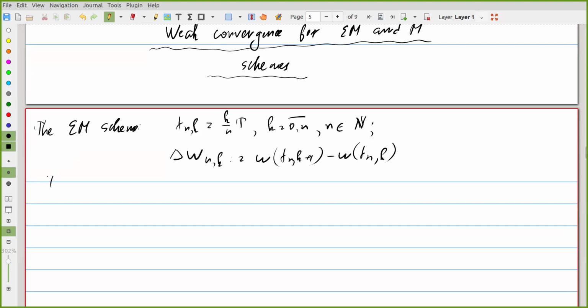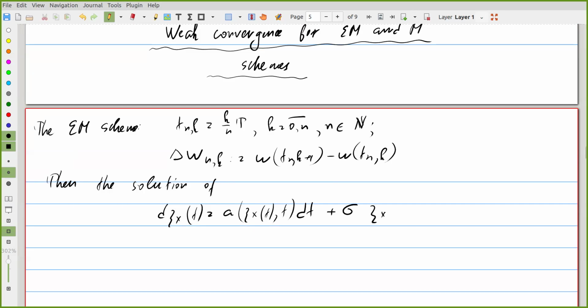And then the solution of the SDE, again I drop the possibility of it starting at any time. It just starts at 0 for simplicity.